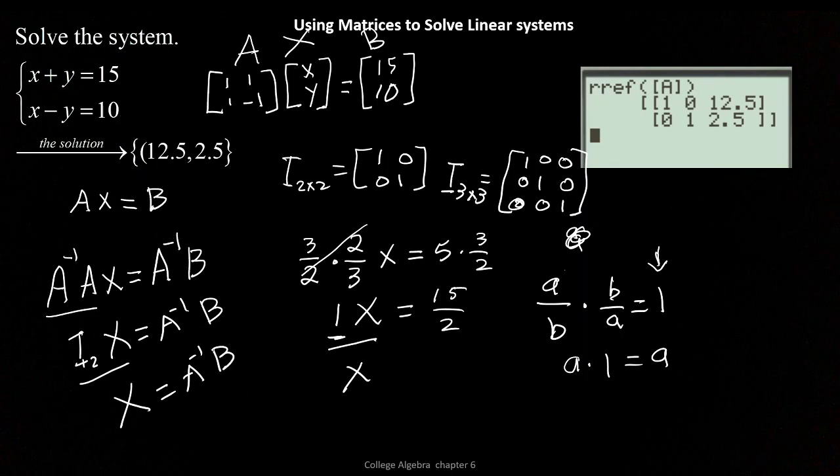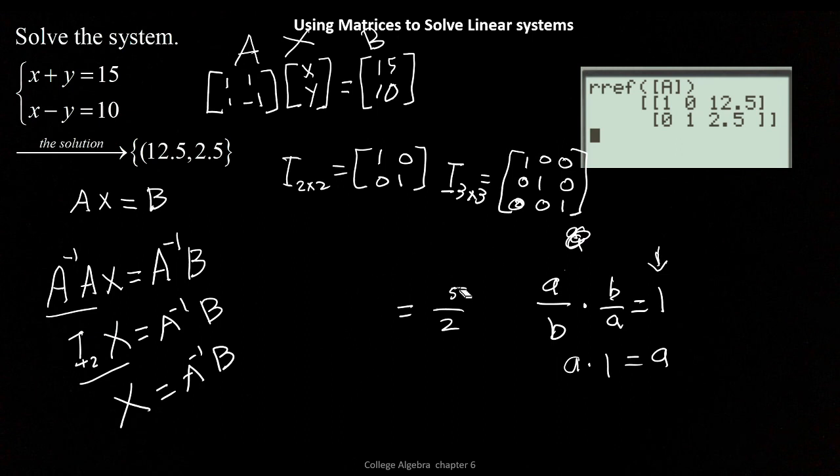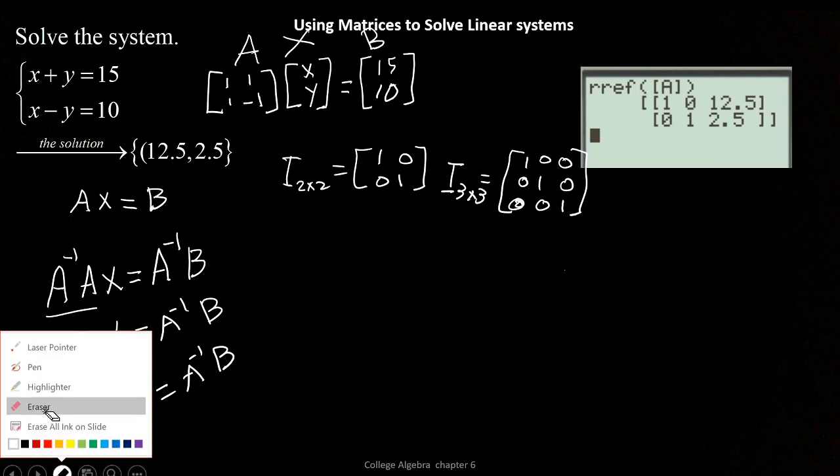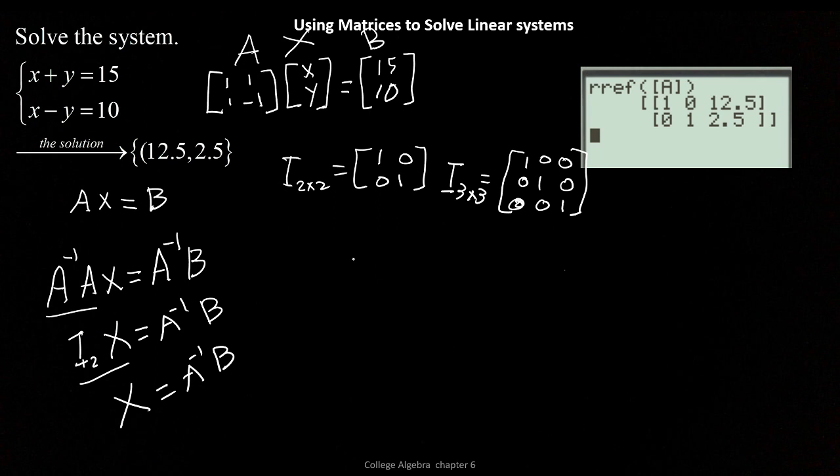Now, to find the inverse of a matrix, I'll quickly tell you what we have to do, but we are not going to do it. We're going to use a calculator to find the inverse of a matrix. But basically what you want to happen is this. Let's say we want to find the inverse of this matrix. When I multiply this matrix by the inverse, I have to get what?